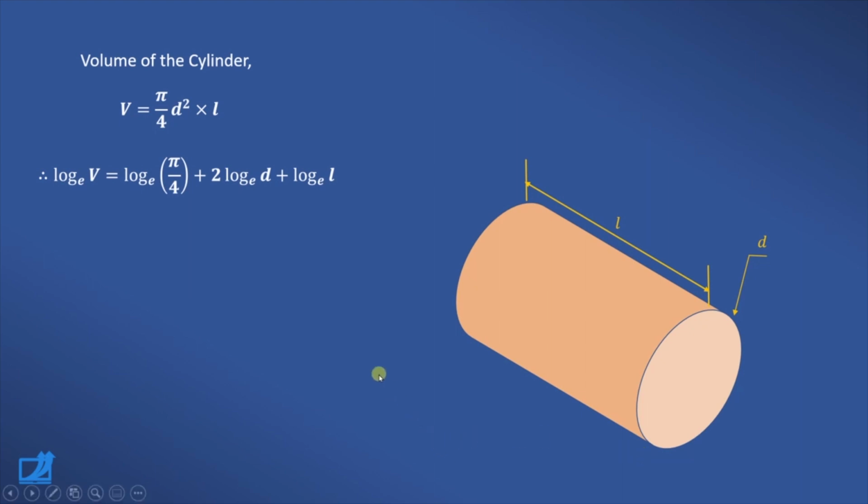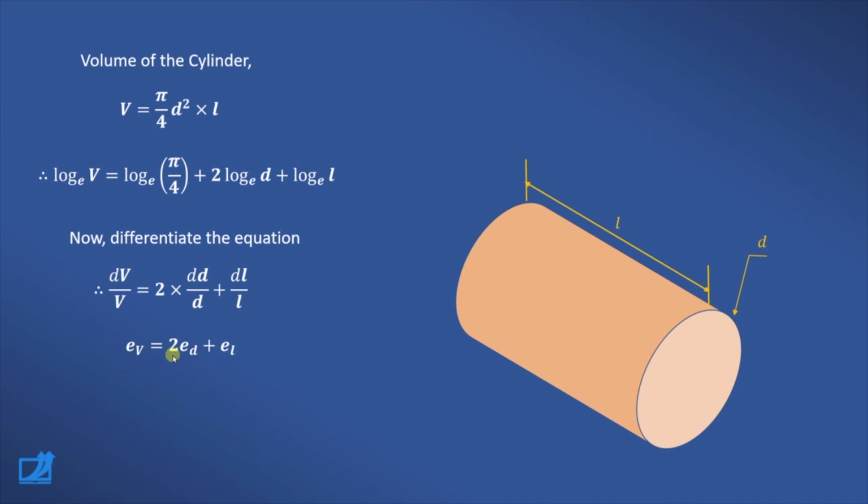Log V is log pi by 4 plus twice log D, here it is d squared involved, plus log L. And now differentiate this equation, and what you get is dV upon V is twice dD upon D plus dL upon L. So in short, volumetric strain of a cylindrical bar is twice strain in diameter plus strain in length.